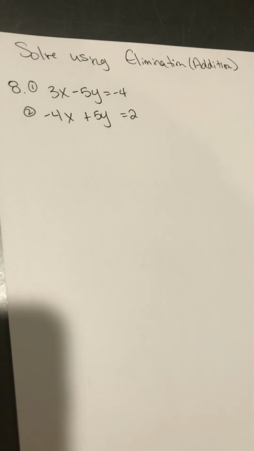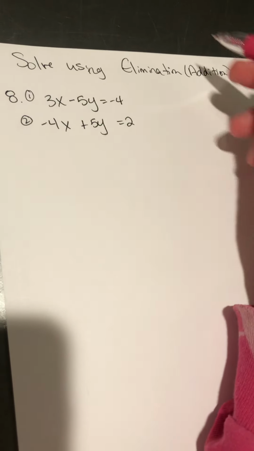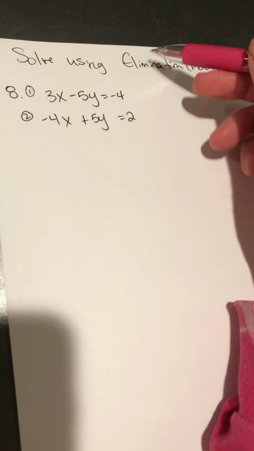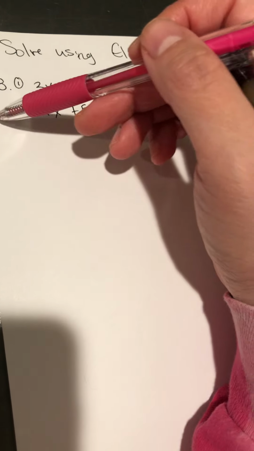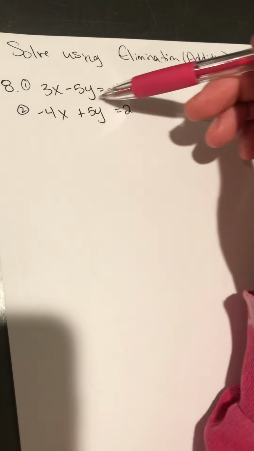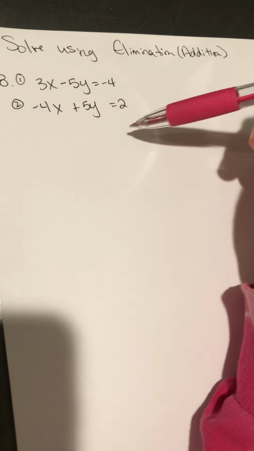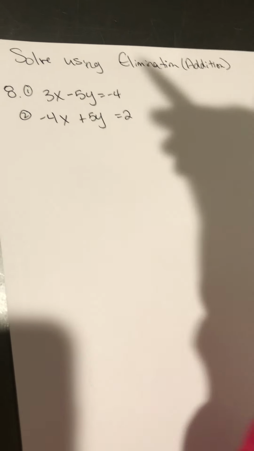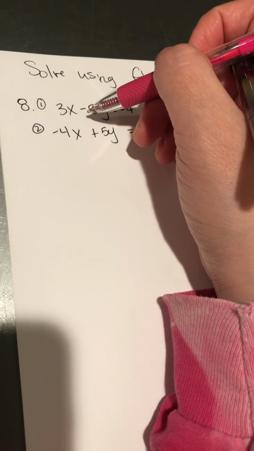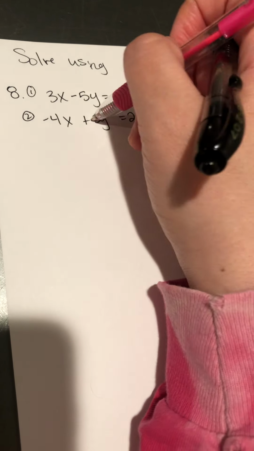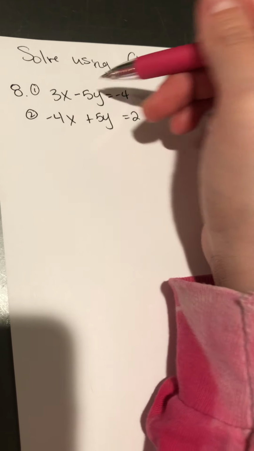The reason they called it elimination is because you want to eliminate a variable. So I can either add these or subtract them, or multiply both equations by numbers if I need to, in order to make a variable disappear. I want to get rid of a variable. This one is set up easy to do because you've got a negative 5y and a plus 5y. What happens if I add negative 5 and 5?